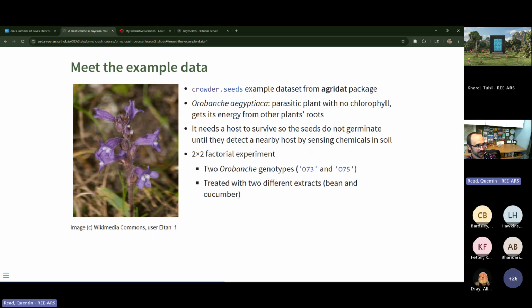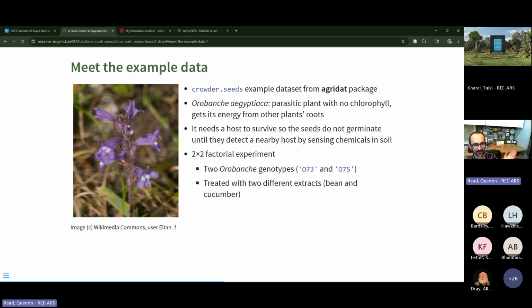It's a parasite. So if its seed lands in soil and germinates without a host, it would die. So it senses chemicals given off by a host plant nearby, and whenever the concentration of those is sufficient, it will germinate.